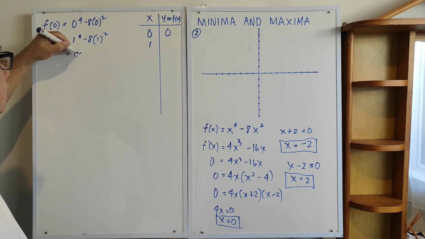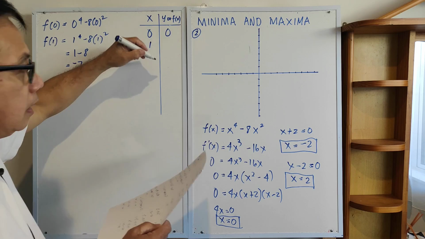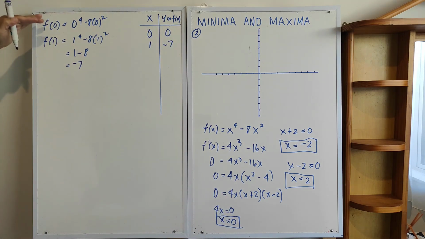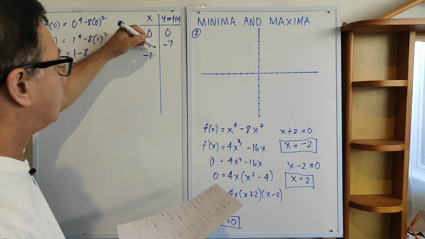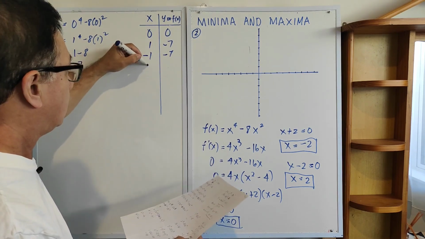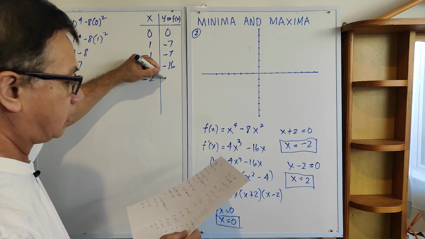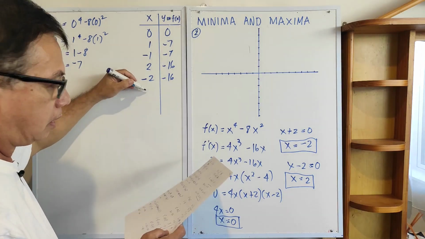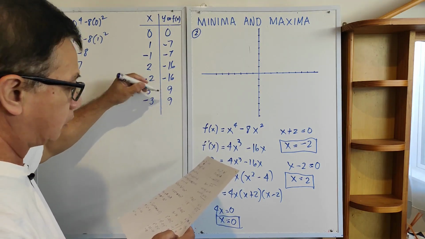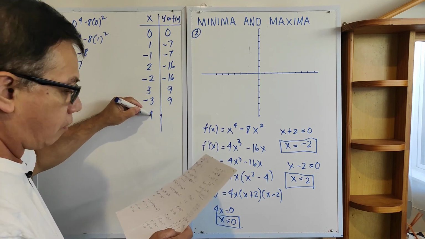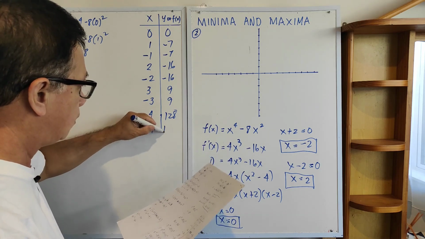This is 1 minus 8, negative 7. So we just continue the computation, and what we will have is negative 1 is also negative 7, 2 is negative 16, negative 2 is also negative 16, 3 is equal to 9, negative 3 is also equal to 9, 4 is 128, negative 4 is still 128.